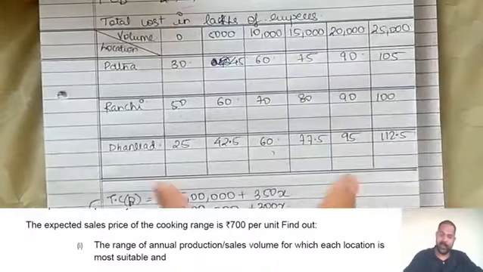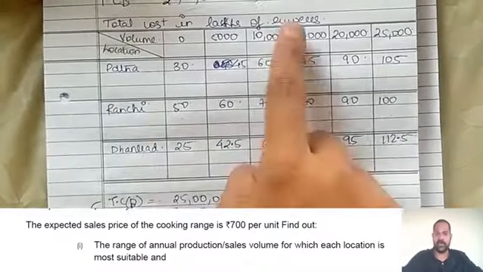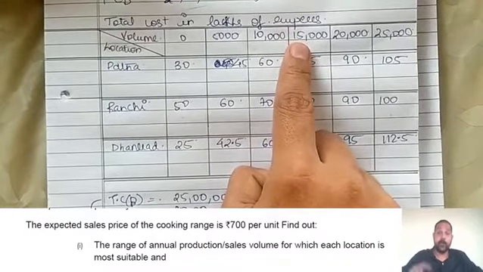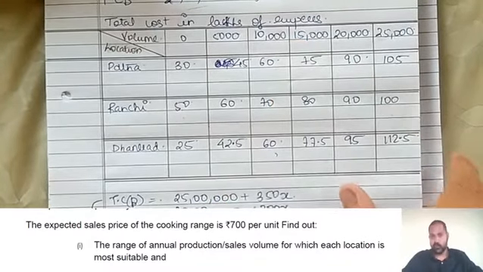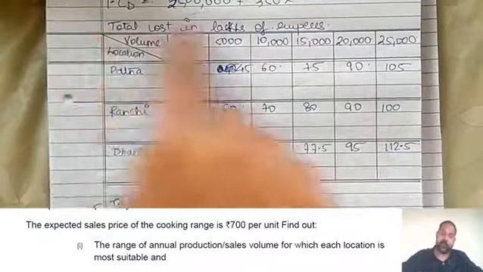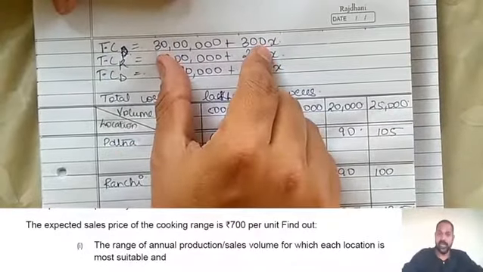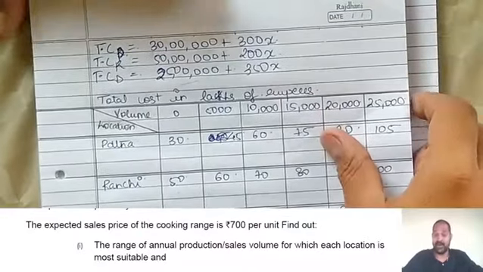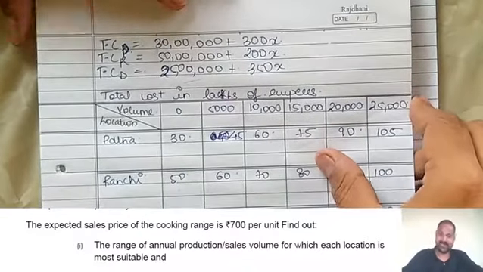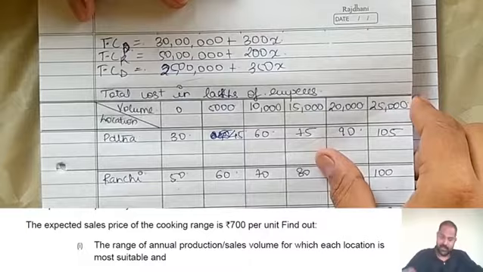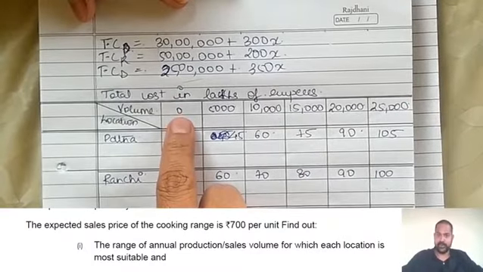This table that I would have drawn would not be total cost in lakhs. It would be profit. You know how I would do that? I would create a profit curve. How would I create a profit curve? This is my total cost. And my sales would be 700 into X, which is for 0 units.